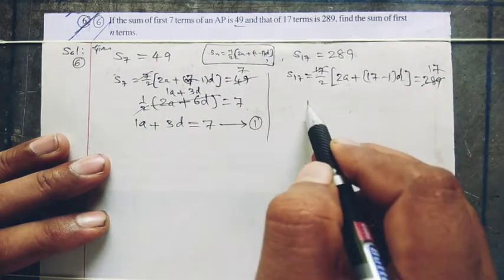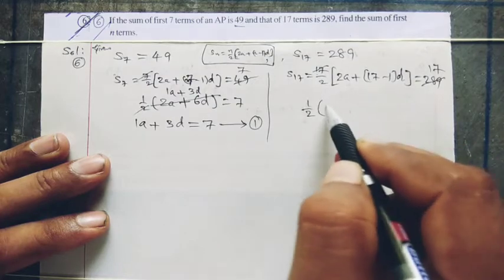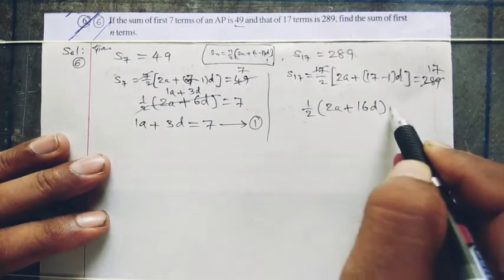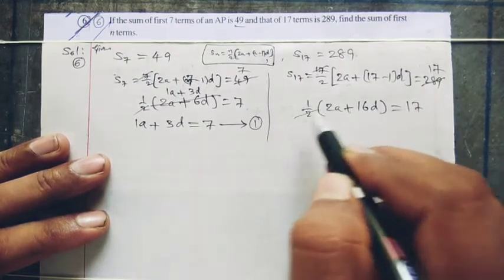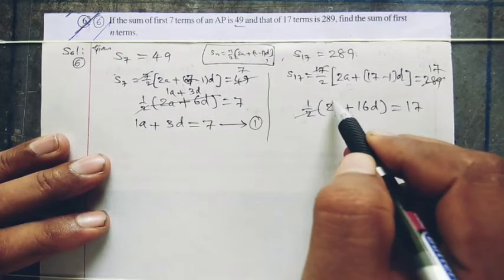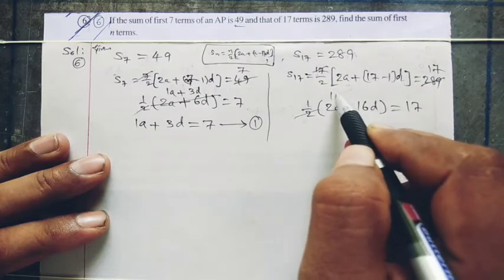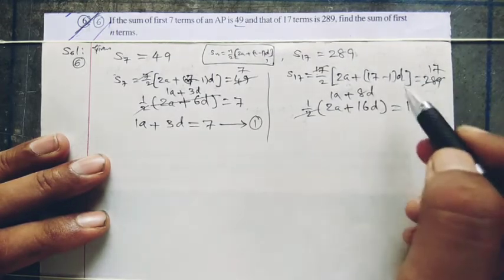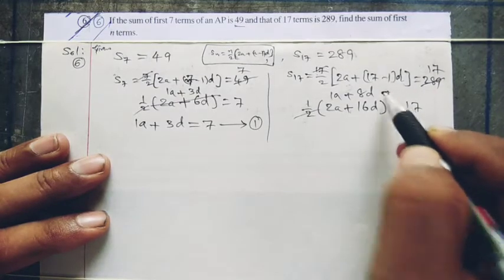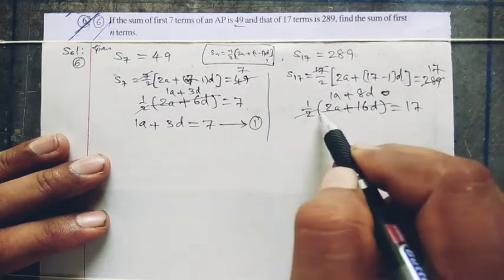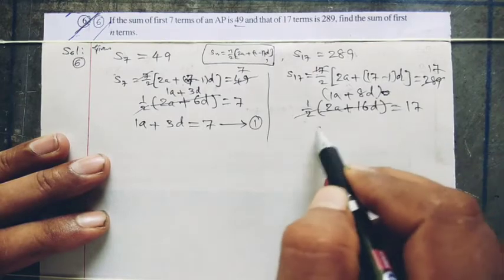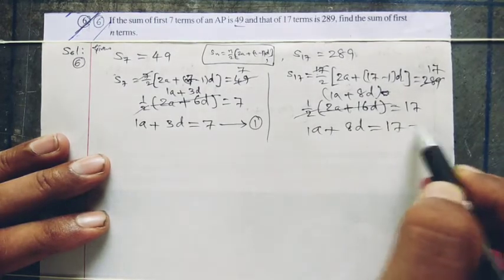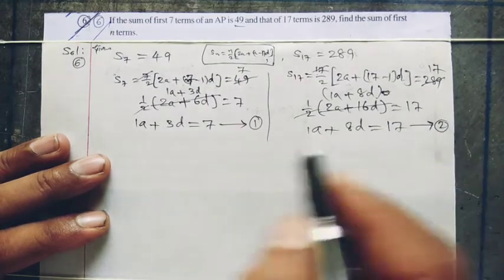So 1 by 2 here, 2a plus 16d is equal to 17. We can cancel like this. 2 ones are 2, 2 eights are 16. So a plus 8d is equal to 17. This is equation 2.